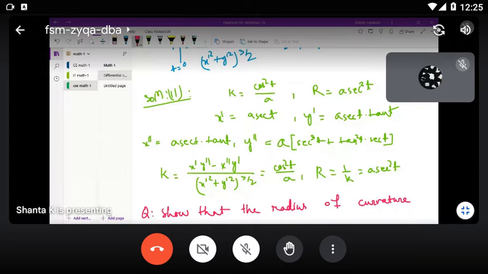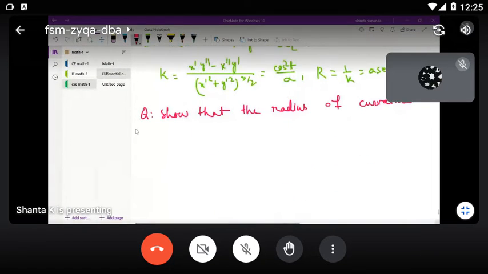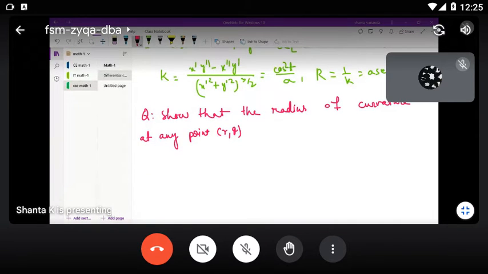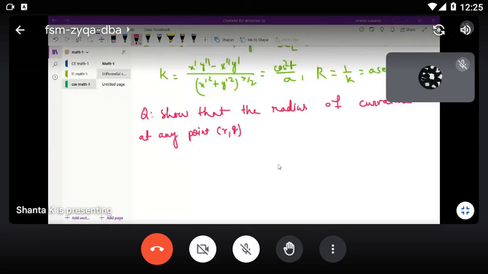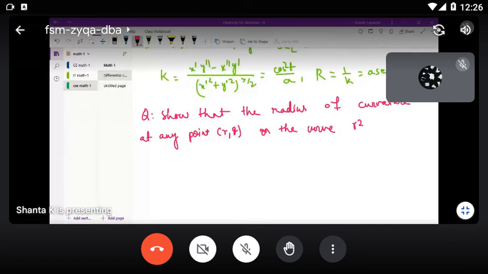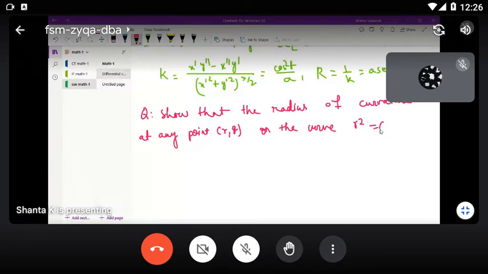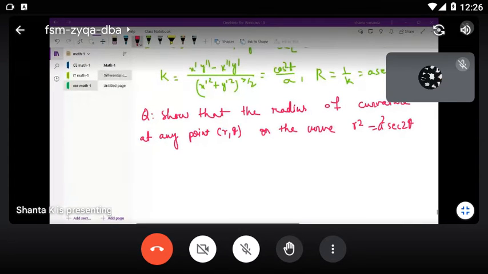So the radius of curvature at any point r theta on the curve r square equals a square secant 2 theta. It's proportional to r cube.